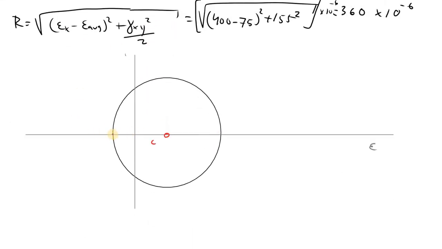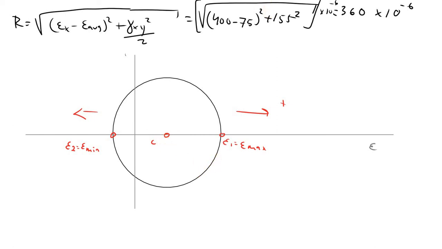I then know that my principal strain 2, which is the same as my minimum strain, is located on the left-hand side. And then my maximum principal strain 1 is located on the right-hand side. It's positive. Again, this can exist in the negative coordinate field. It all depends on your center point and your radius.